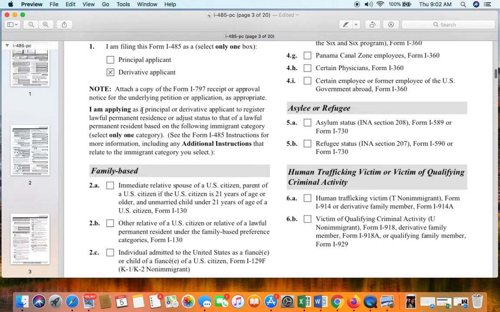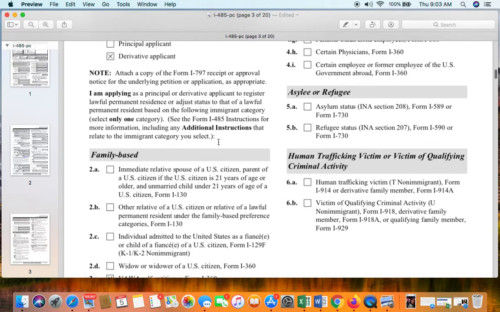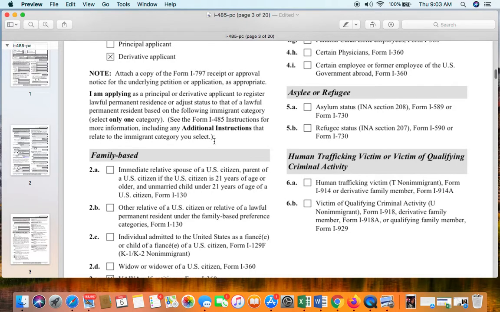I am applying as a principal or derivative applicant to register permanent residence or adjust status to that of a lawful permanent resident based on the following immigrant category. Select one category. See the Form I-485 instructions for more information, including additional instructions that relate to the immigrant category you selected.